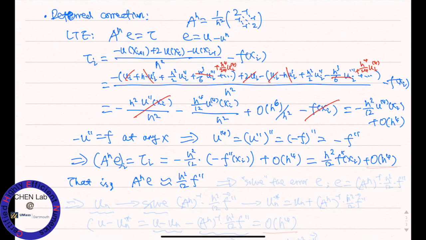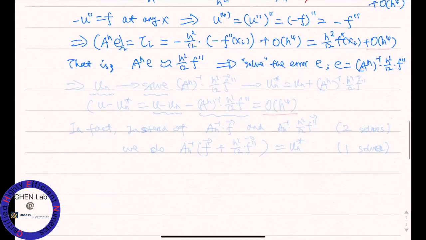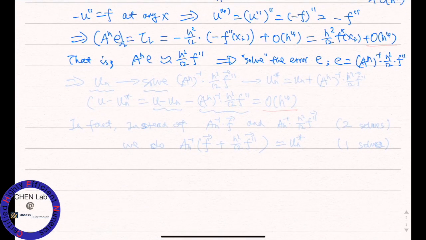So this means we can solve for the error E. So E is Ah inverse times h squared over 12 of f double derivative. And of course, we're not actually solving the whole error. We only solve the dominant part of the error because we only know the dominant part of tau i.